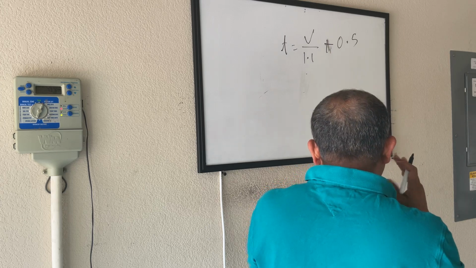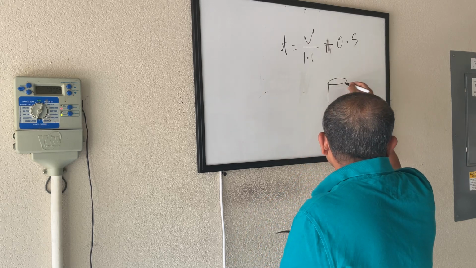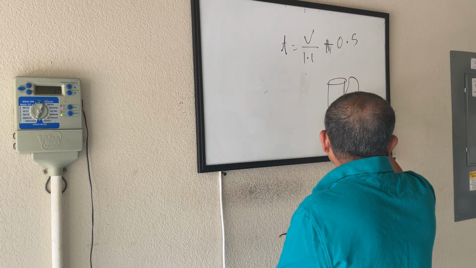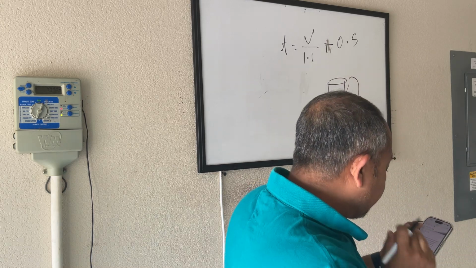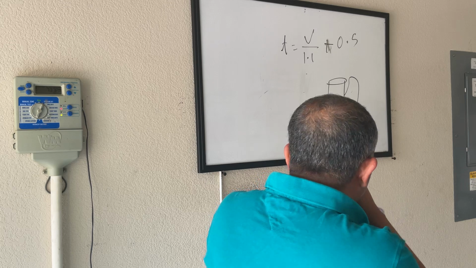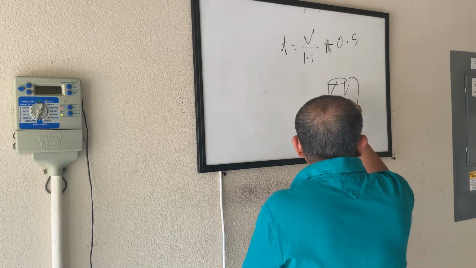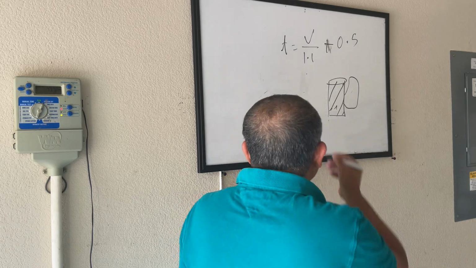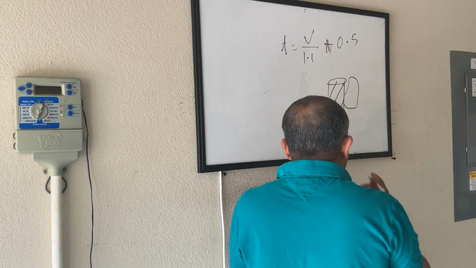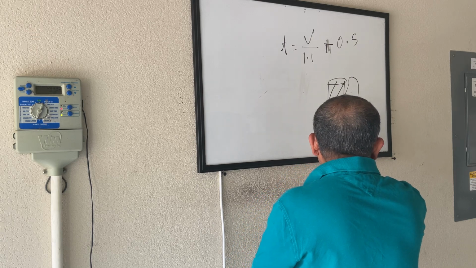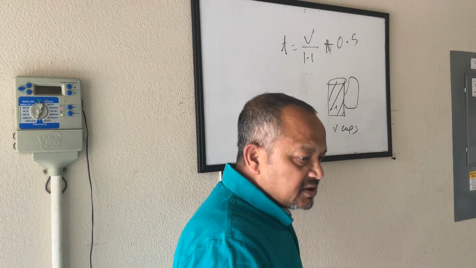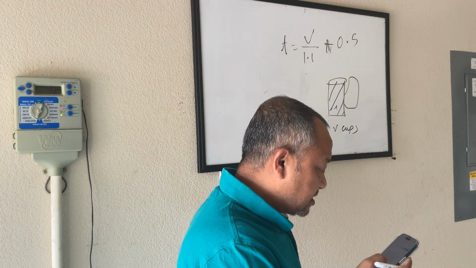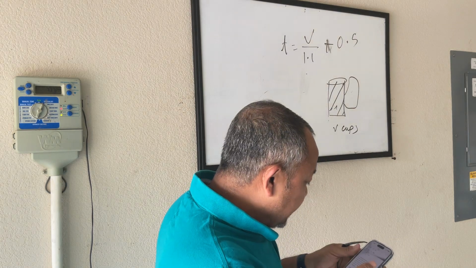A cylindrical ceramic mug. Let's say this is the mug, and this is the handle for the mug. A cylindrical ceramic mug with a volume of V cups. So the volume of this ceramic mug is V cups. V is the number of cups, meaning we measure fluid volume in cups. That is the volume of this ceramic mug. It is placed in a microwave oven.